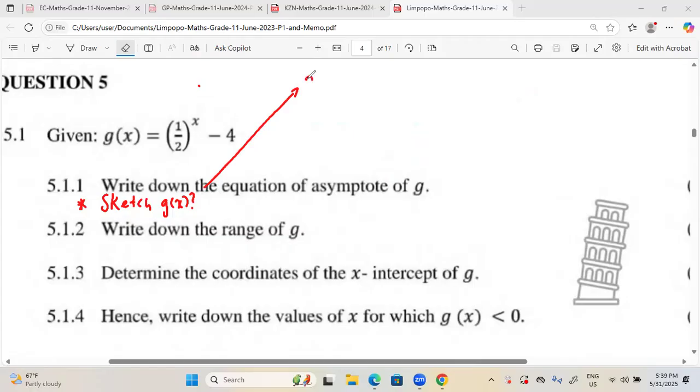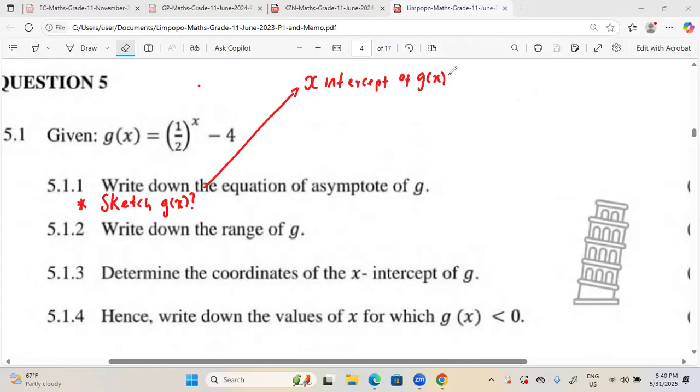So I'm going to say, what is the x-intercept of g of x? In order for me to sketch g of x, I need to know its x-intercept. You still remember how we find x-intercept?